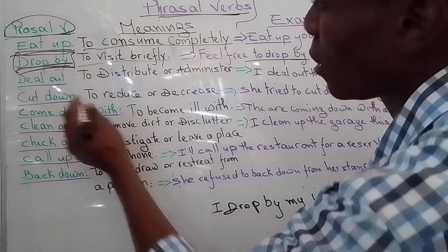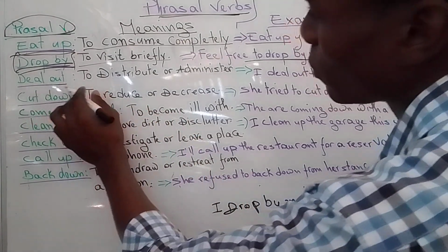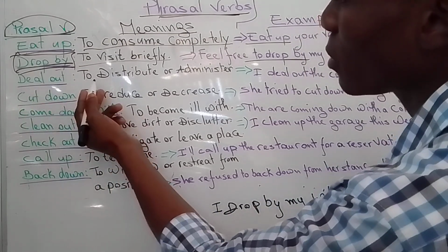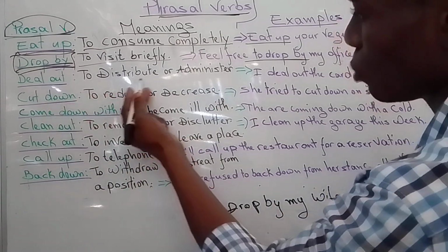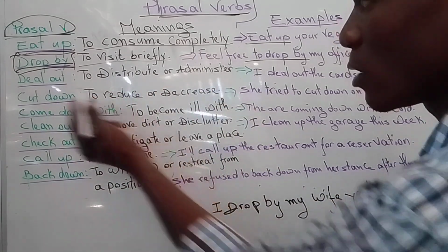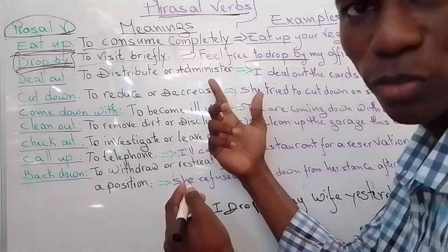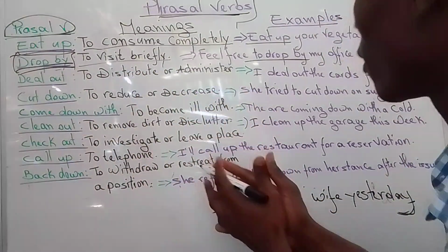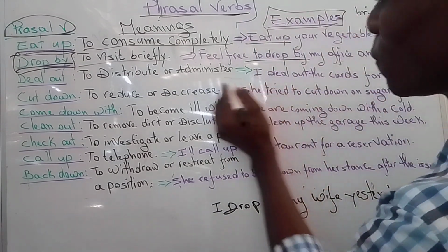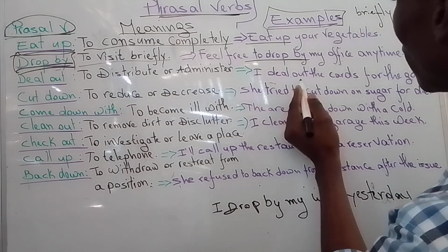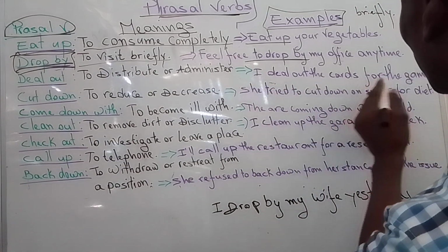All right, guys? And the other phrasal verb that we have here is deal out. Deal out means to distribute or administer. That's what we have right here. And the example is, I deal out the cards for the game.